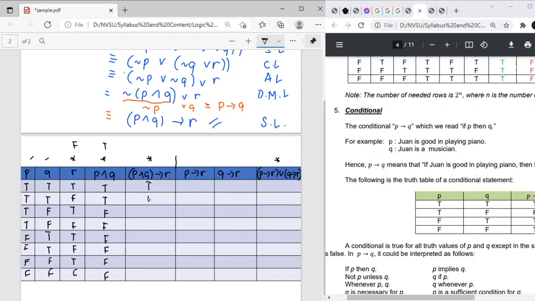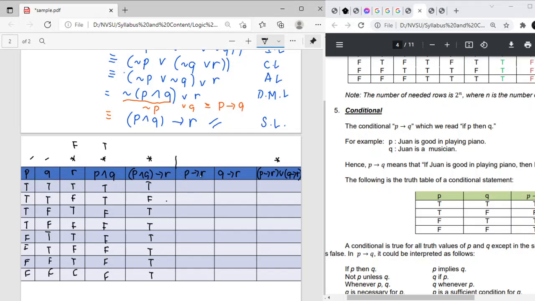True, false, that is false. Next, false, true, that is true. False, false, that is true. Next, false, true, that is true. We have true, true, and true. That is all except the second row is true.